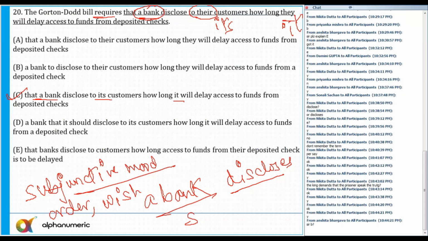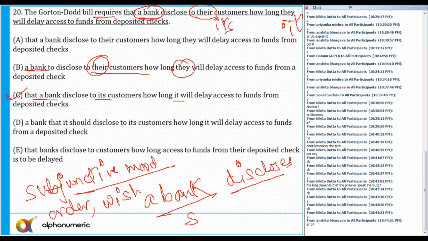Okay, number B. The bill requires a bank to disclose to their customers who are there. This pronoun is wrong because whose customers are they? A bank's. And a bank is singular. I already told you this.